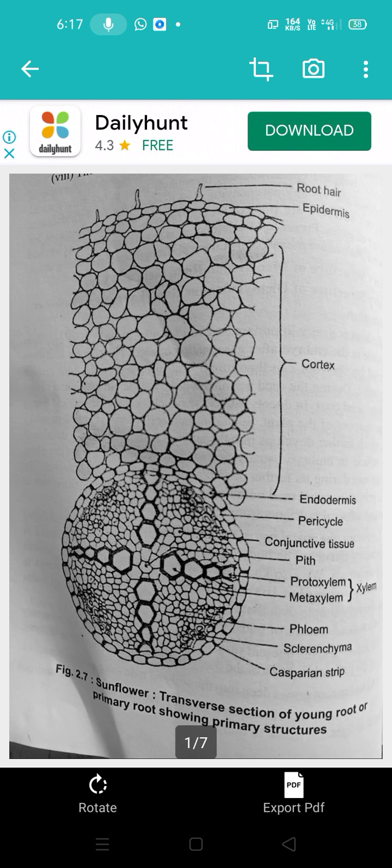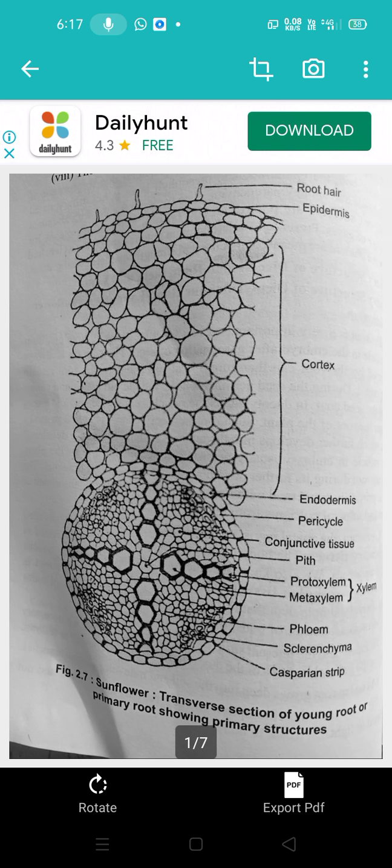Root is a very important part in the plant which fixes the plant to the soil, absorbs mineral nutrients as well as water from the soil, and gives support. These roots may develop from the radicle. But we will study the primary internal structure of the root.